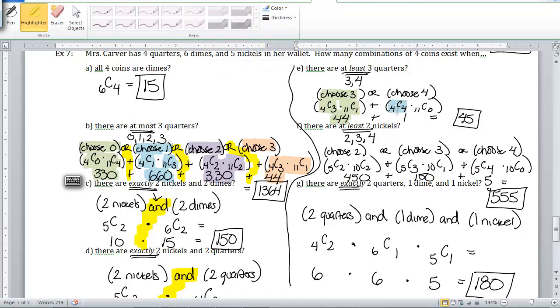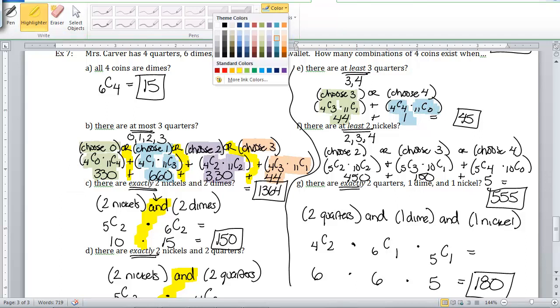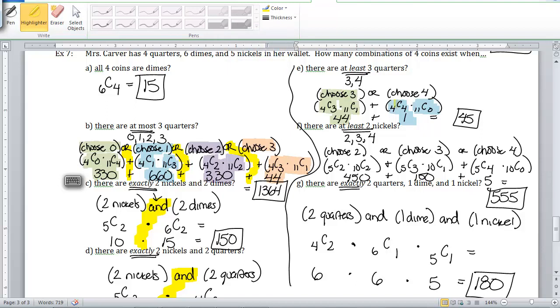And then if I chose 4 quarters, from 4 I need 4, and from the other 11 I would need 0. It gives me a value of 1. And then again, because this is OR, either I choose 3 or 4. Both events will not happen, and so I add those combinations to get 45.